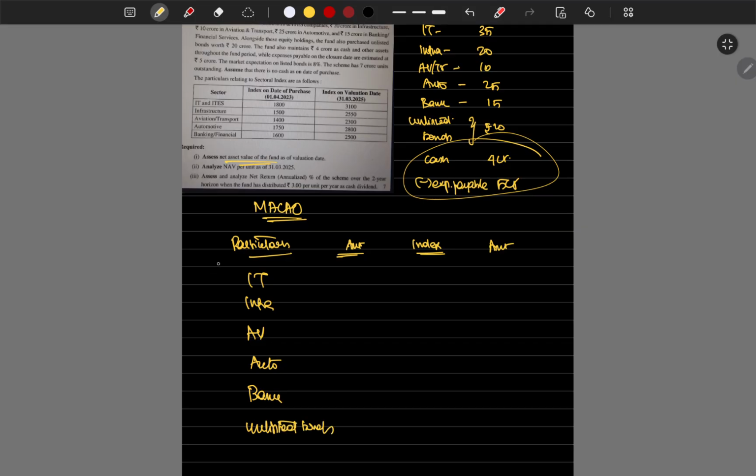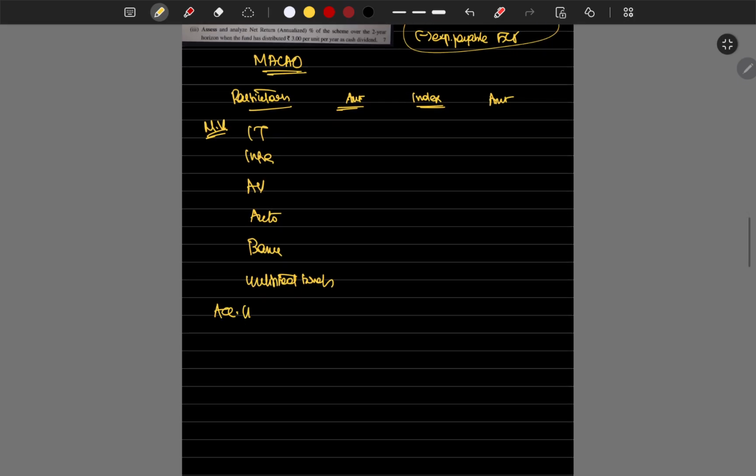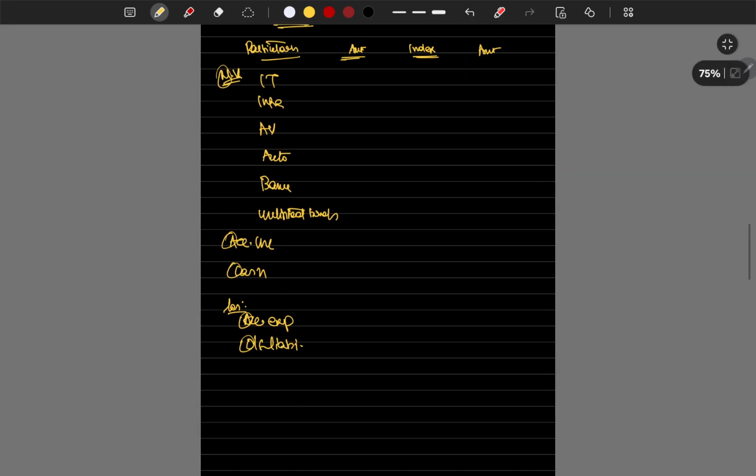These are all the investments. This is the marketable value of securities, and then comes accrued income, if any, and then comes cash. Once we have added all this, we have to less accrued expenses, and then outstanding liabilities. This is the MACAO. So this is the structure we have to follow. Instead of trying to remember the things, which will take time, we can use the mnemonic to make it faster.